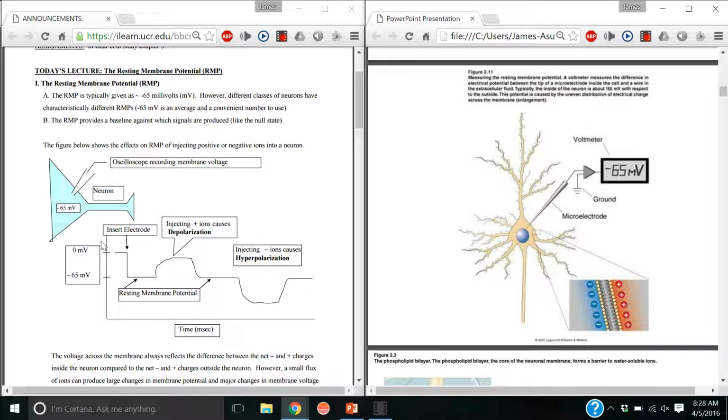Importantly, it tends to stay constant. This is a regulated value. The resting membrane potential isn't just randomly fluctuating up and down. Then the question is, what happens if you change the intracellular concentration of the ion? Well, of course, anytime you change the intracellular concentration of a charged particle, that is going to change the voltage.